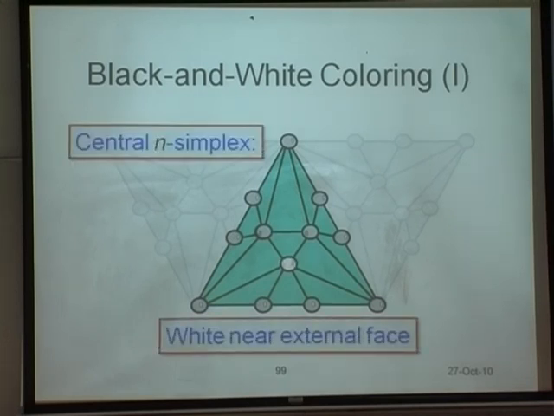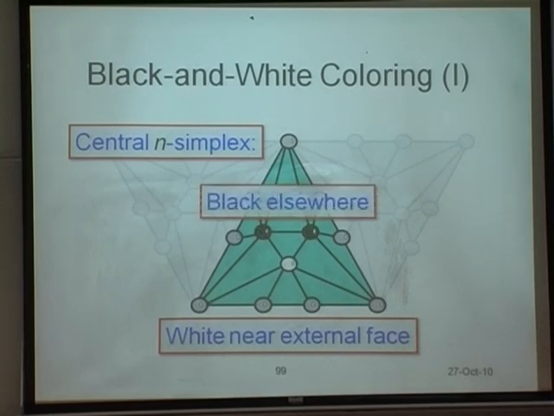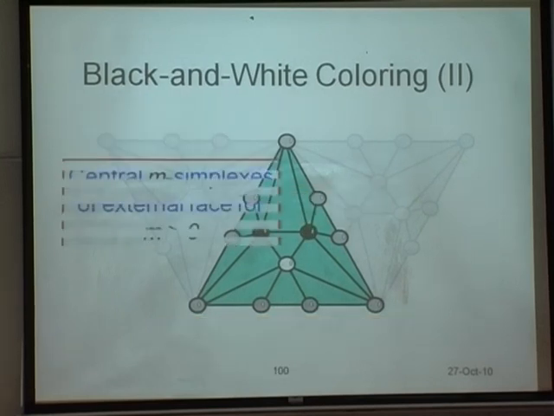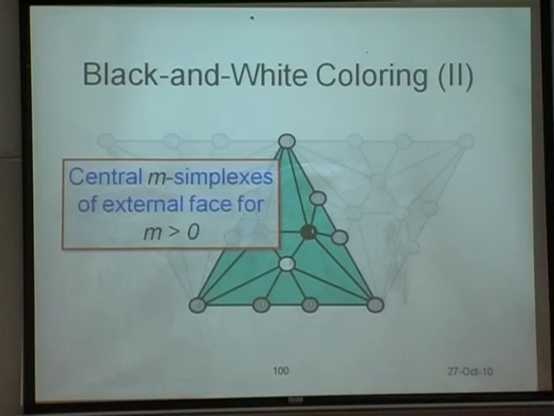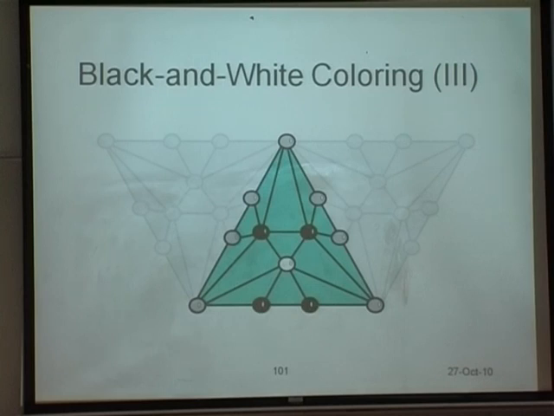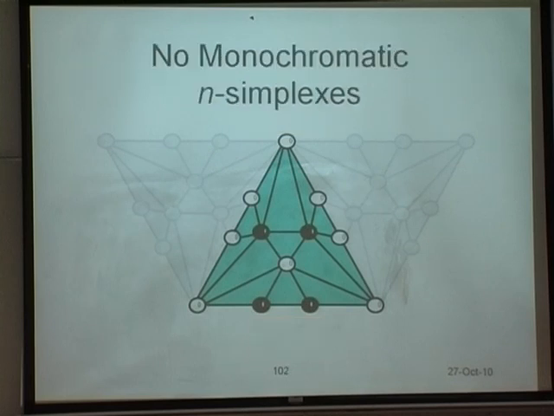So the black and white coloring we pick is basically the same that we did before, except generalized to higher dimensions. When we talk about the external faces, we need to talk about the central vertices in multiple dimensions. And again, I'm not going to go over this in detail. It's in the notes if you really want to see how it works. And then everything else is white, just as before.